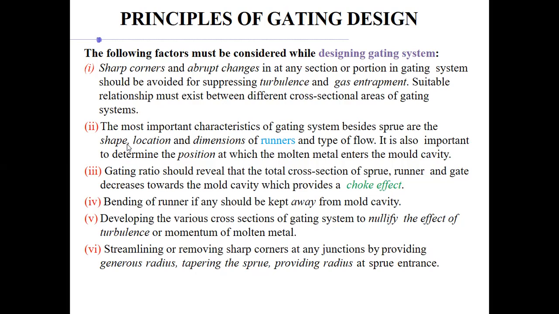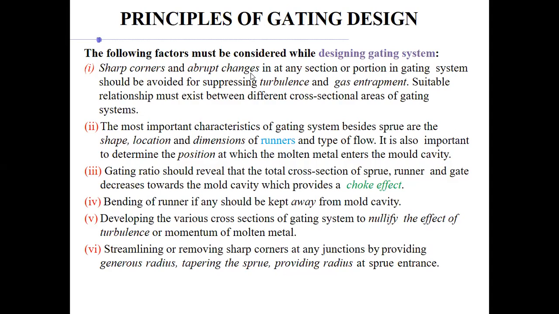Gating ratio should reveal that the total cross section of sprue, runner, and gate decreases towards the mold cavity, which provides a choke effect, right? So all through from sprue to the runner to the gate, the gating ratio should decrease, right? So you are trying to slow down.